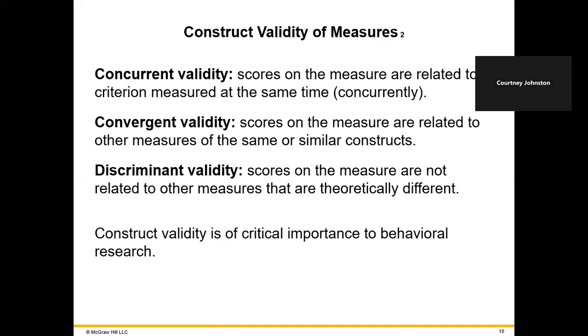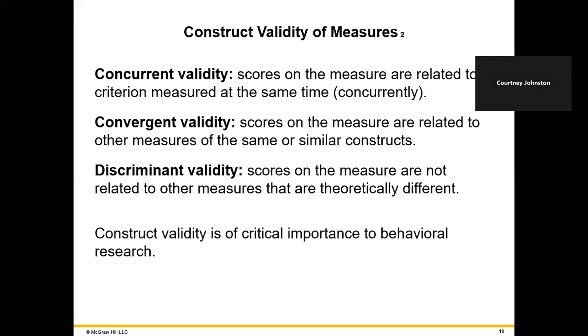Then you might look at discriminant validity, and this is when scores on the measure are not related to other measures that are theoretically different. So in this case, you might look at your depression survey that you developed. And again, maybe it's based on the DSM-5-TR criteria of depression.